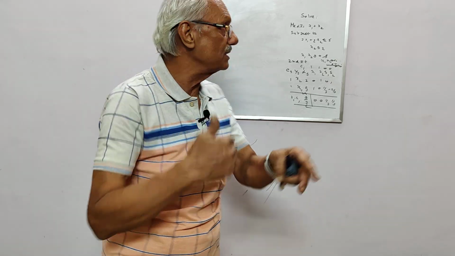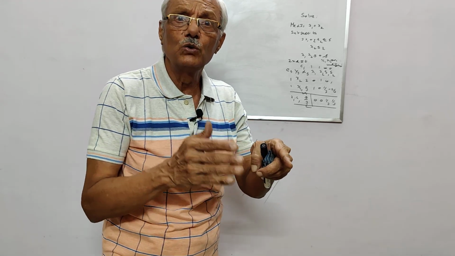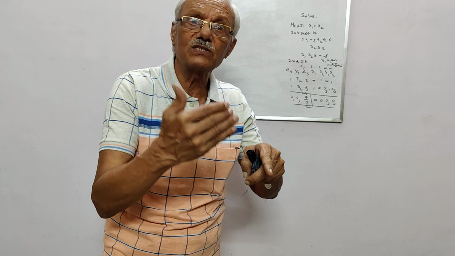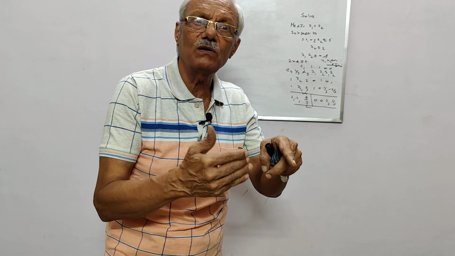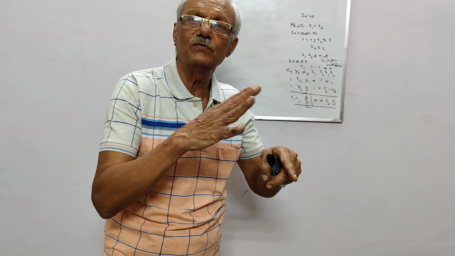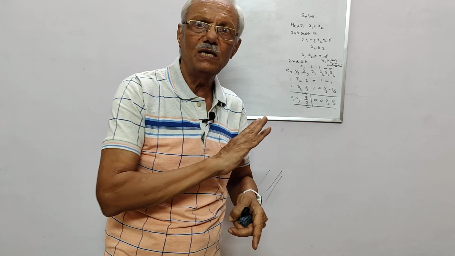Those will be called Gomorian constraints, and they will take care of eliminating the region which does not have the integer solution and take you to the integer solution.